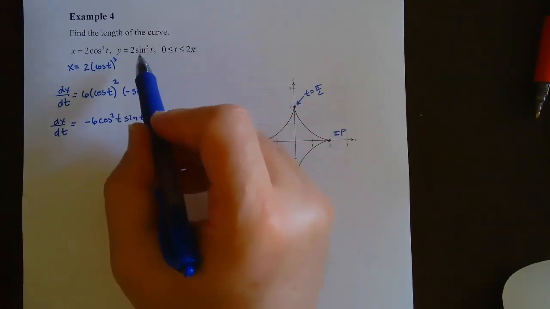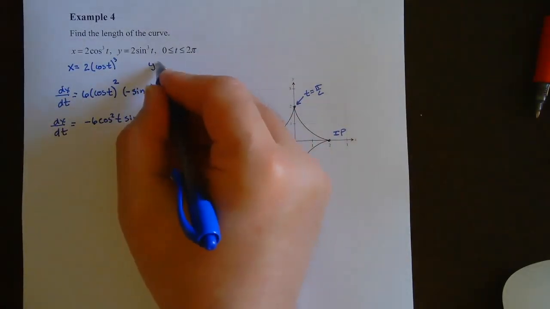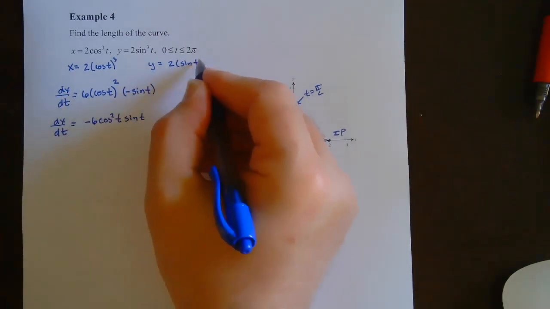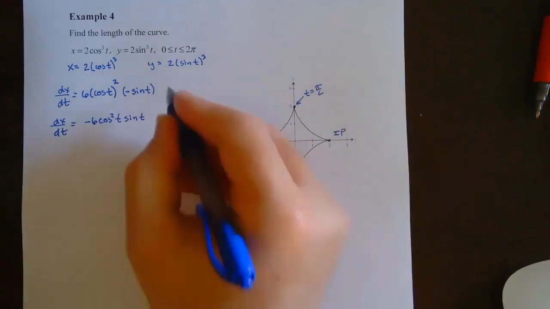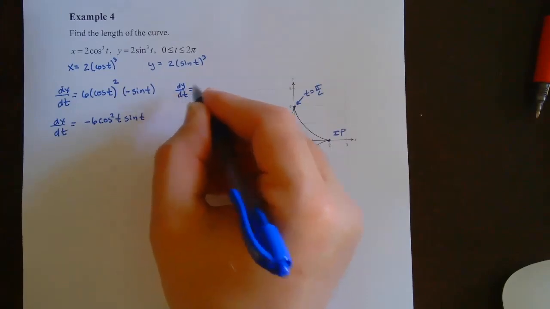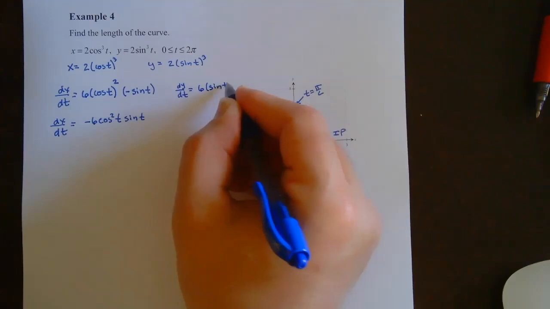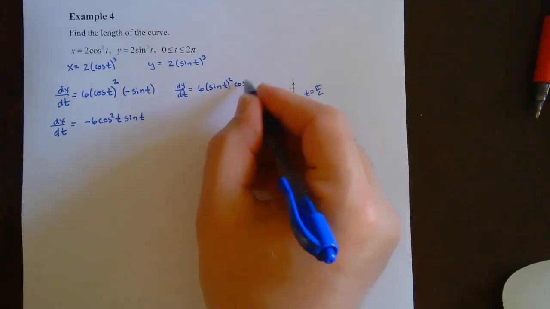Okay, same thing here, but it's going to be sine, right? So y is equal to 2 times sine of t cubed, right? So then dy over dt would be 6 sine of t squared times the derivative of sine t, which is cosine of t.